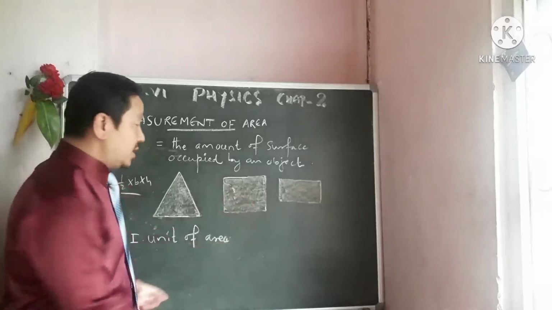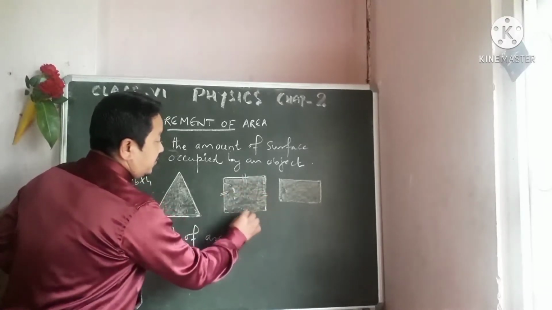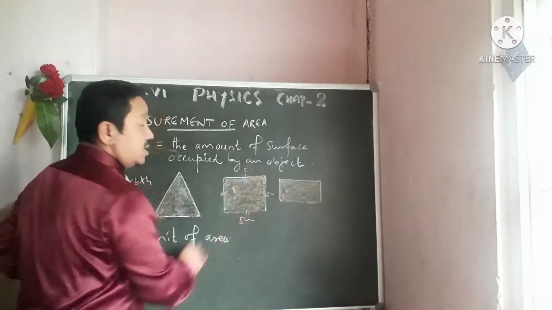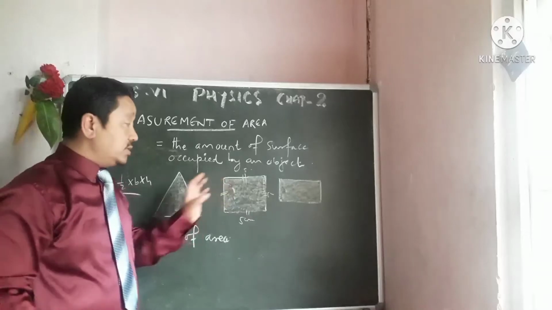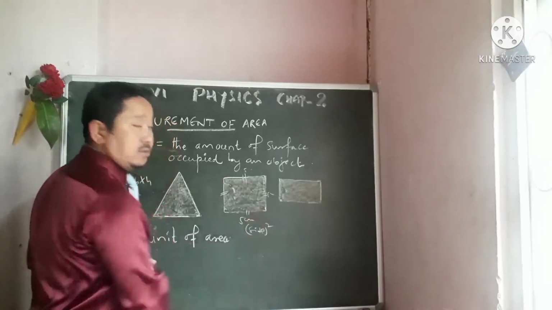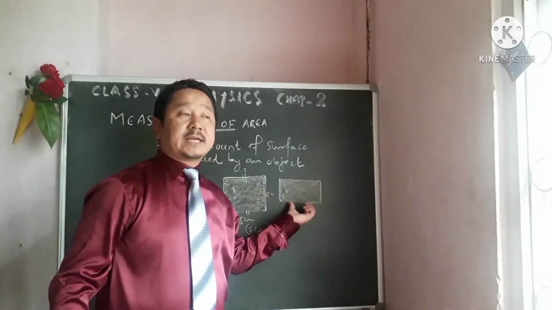Similarly here, this is a square. Square means all sides are equal. If one side is 5 centimeter, all other sides are also 5 centimeter. So the area of this object is side square. And here the object is in the rectangular shape.